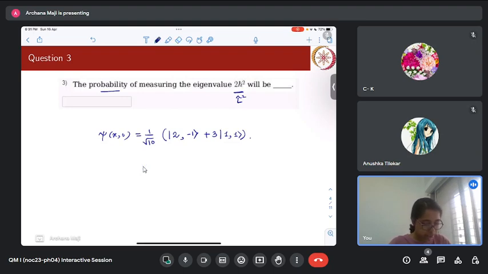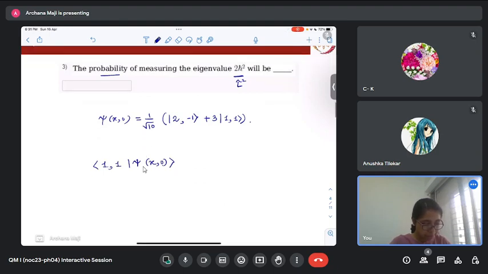And for that probability, first we find the probability amplitude, which is nothing but the inner product of the given state with the state 1 comma 1, and then we mod square that probability amplitude to get the probability. This is nothing but 9 by 10, that is 0.9.